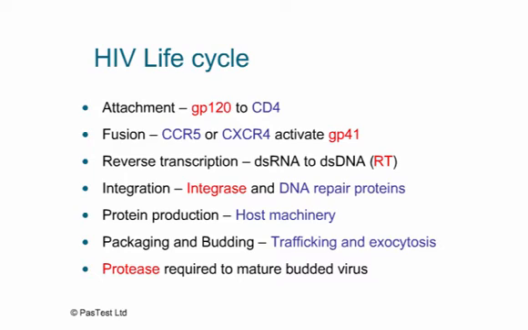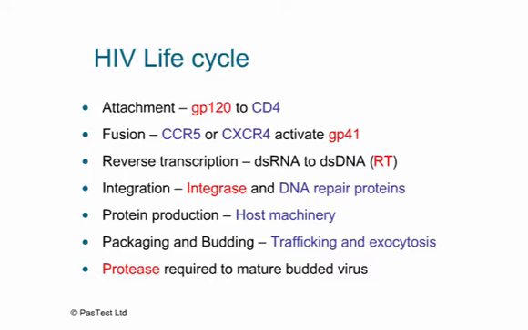The next stage is fusion, the fusion of the outer surface of the HIV virus and the injection of the nucleocapsid into the cytoplasm. For fusion, CCR5 or CXCR4 on the host cell are essential for activating the viral GP41.